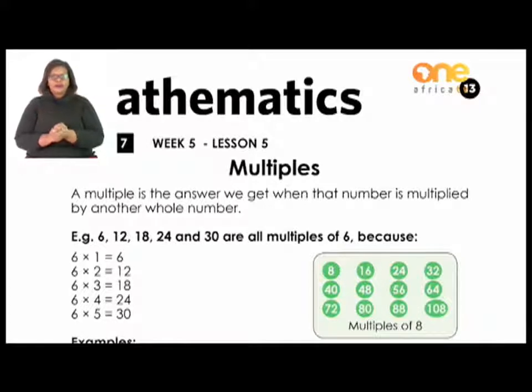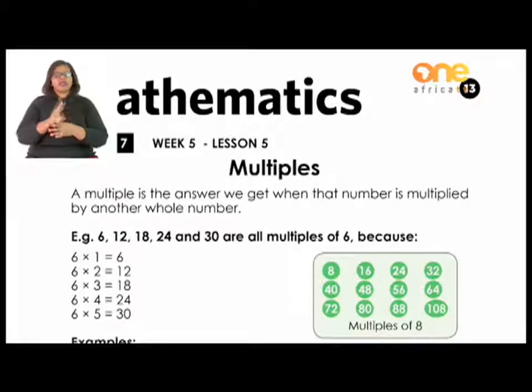Again, a multiple is the answer we get when that number is multiplied by another whole number. For example, 6, 12, 18, 24, and 30 are all multiples of 6. Why?